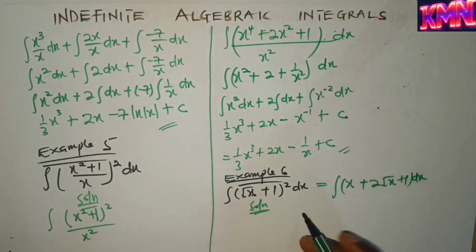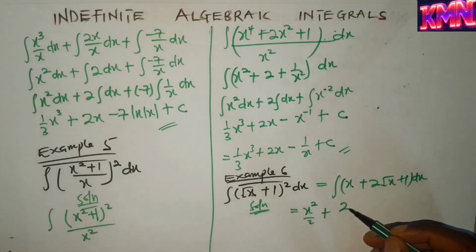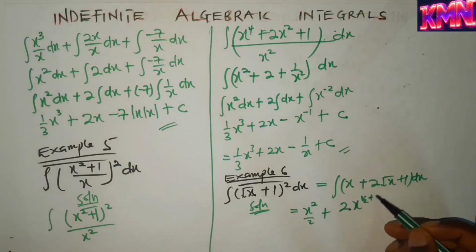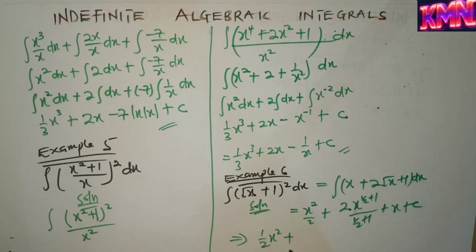Integrating, we get x squared on 2 plus 2 on the half plus 1 on the half plus 1, x plus c. So simplifying, that gives us 1 on 2 x squared plus 4 on 3 x to the power 3 on 2 plus x plus c, and that is that.